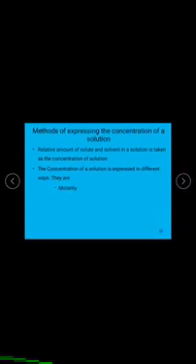The method of expressing the concentration of the solution. The relative amount of solute and solvent in a solution is taken as the concentration of the solution. Okay, the concentration of solution is expressed in different ways.